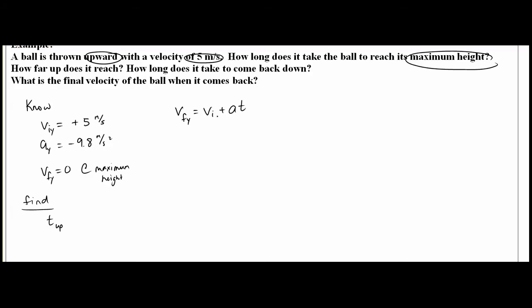Again, let me put my y's in there. So my final velocity is 0, my initial is 5, plus negative 9.8 t. So take a moment, you can pause the video to solve for t. And when you calculate out t, t comes out to be 0.51 seconds.